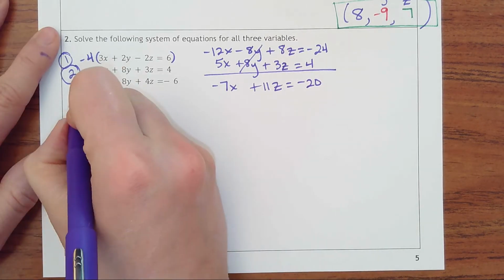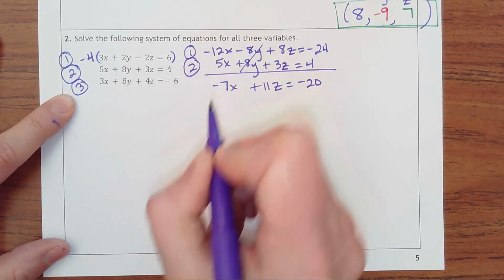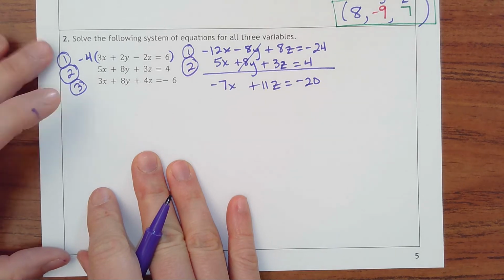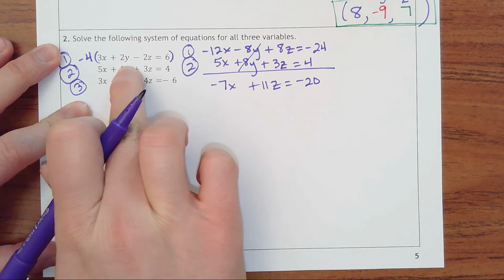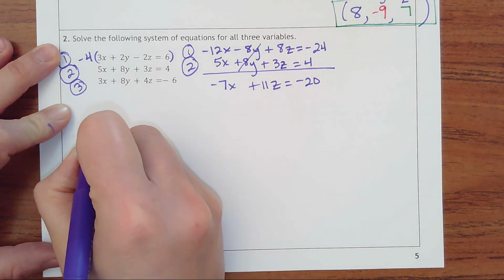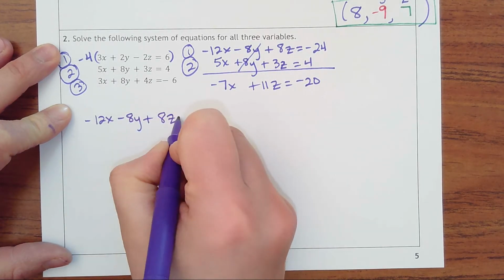Now go over here, and I have to use equation 3 to eliminate the y. So again, I think I'm going to go back and use what I used for number 1, this guy right here, because it is the same thing as this, since I multiplied all by -4. So I'm going to keep the -12x minus 8y plus 8z equals -24.